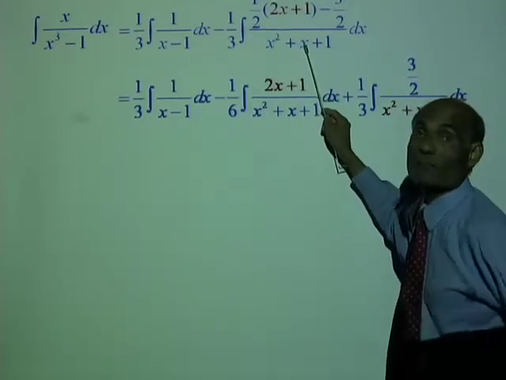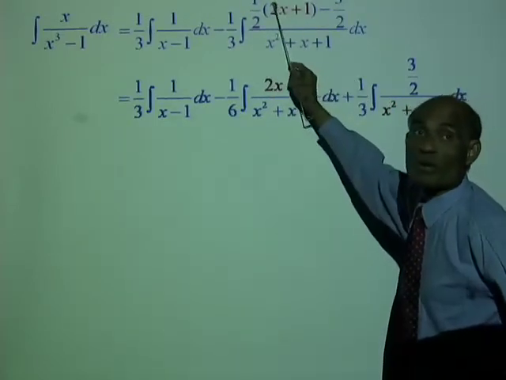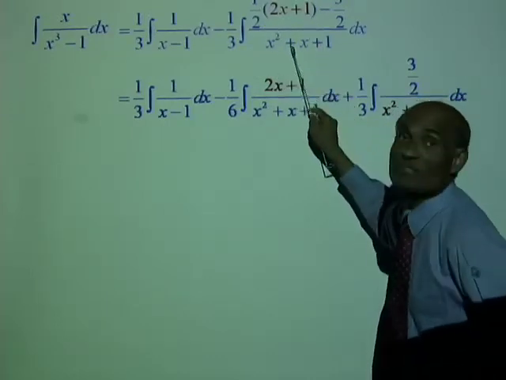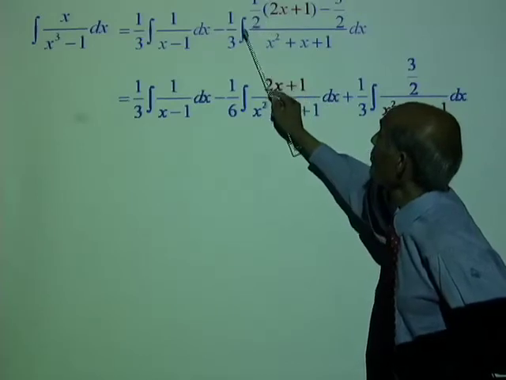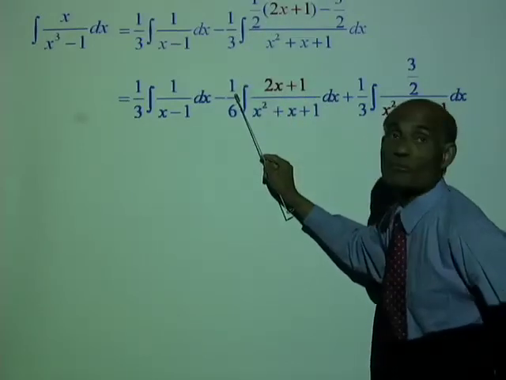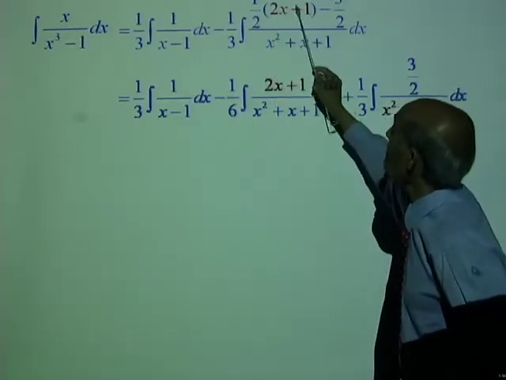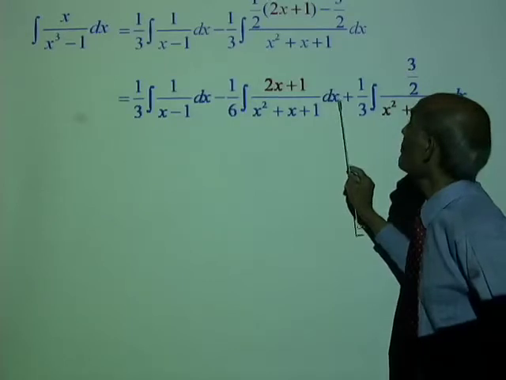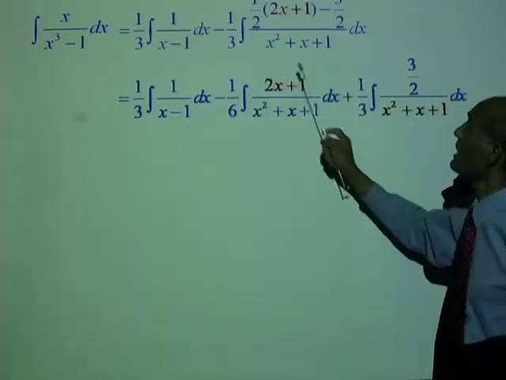Do you understand that? What I have done is, I split this into two integrals. The first one is integration of this quantity divided by this. And when you do that, take out that 1/2, which gets multiplied by 1/3, gives you 1/6, leaving you 2x plus 1 on the numerator, and the denominator is this. Plus, the second one is, why has this become plus?